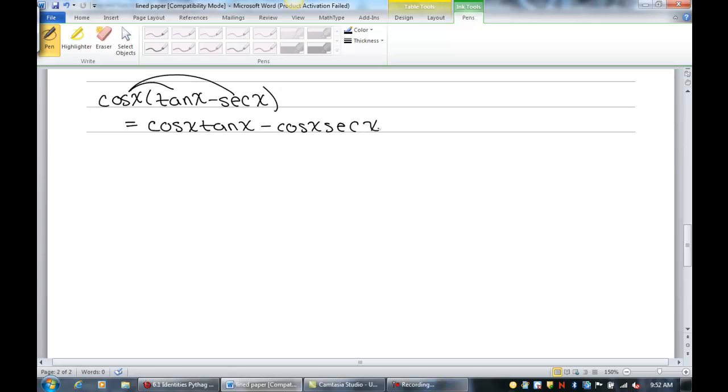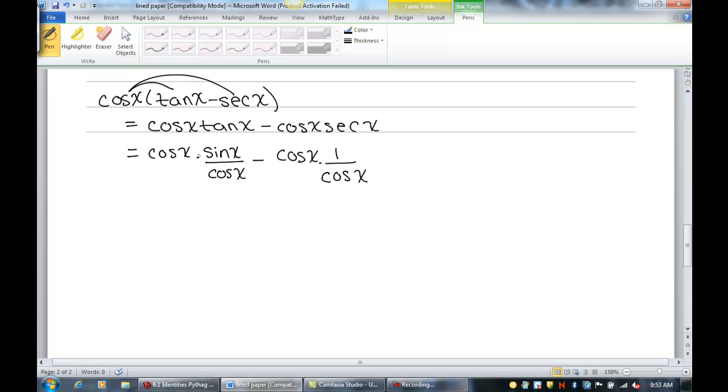So now, since we've multiplied, my next step is to simplify. And the way I'm going to simplify is by replacing my identities with their equivalents. So tangent and secant is what pops out at me. So we're going to go ahead and replace tangent with sine over cosine. And we're going to replace secant with 1 over cosine. Okay?